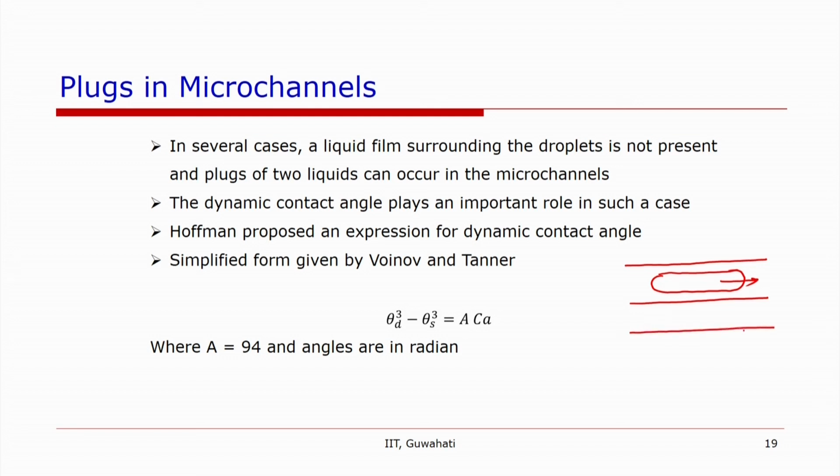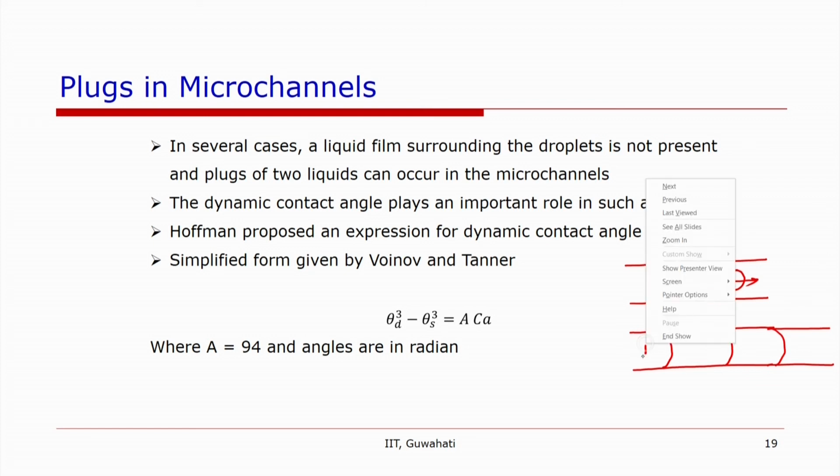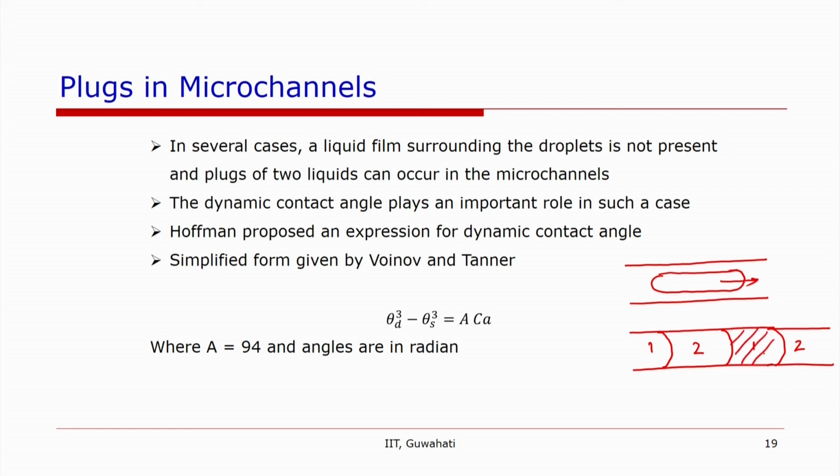But at lower channel diameters, some researchers have observed that there are plugs of different phases. So you can have phase 1, then a plug of phase 2, then a plug of phase 3, a plug of again phase 1 and then a plug of phase 2. We can color it differently to distinguish the two phases.